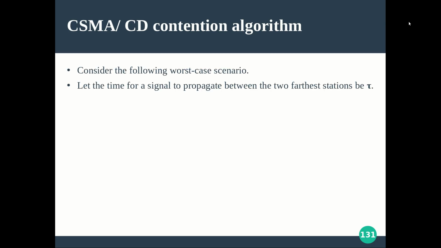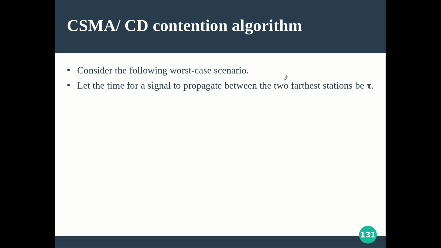So this is regarding CSMA/CD performance in a worst case scenario, the contention algorithm, and how it behaves. We assumed the time taken for a signal to propagate between two farthest stations to be some tau.